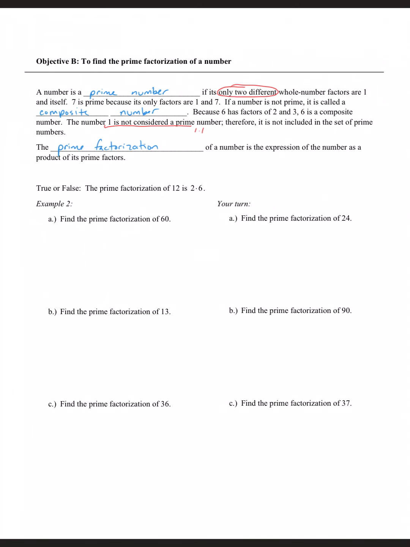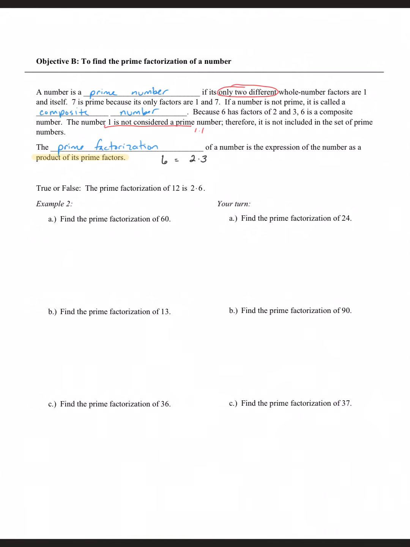You need to make sure you understand what prime factorization is. A product of its prime factors. For example, the number 6. We could rewrite 6 as 2 times 3. 2 and 3 are both prime numbers. Therefore, 2 times 3 would be the prime factorization of 6.